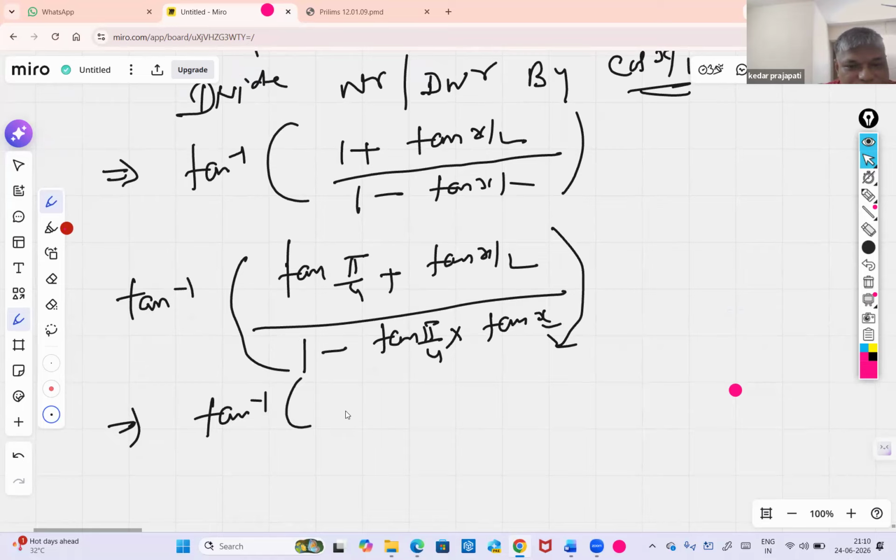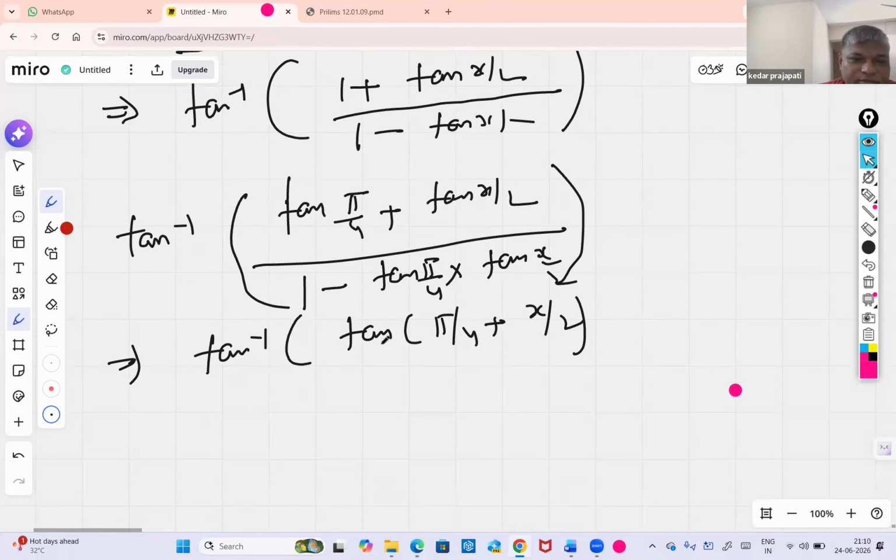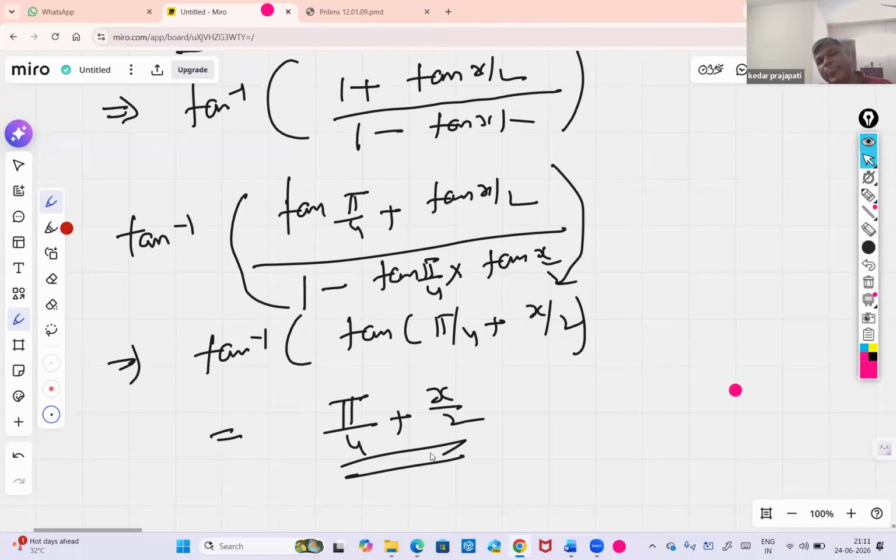Tan inverse of tan (pi by 4 plus x by 2). Now this cannot be further simplified; tan inverse and tan will get cancelled. So the answer finally turns into pi by 4 plus x by 2. This is the simplest form.